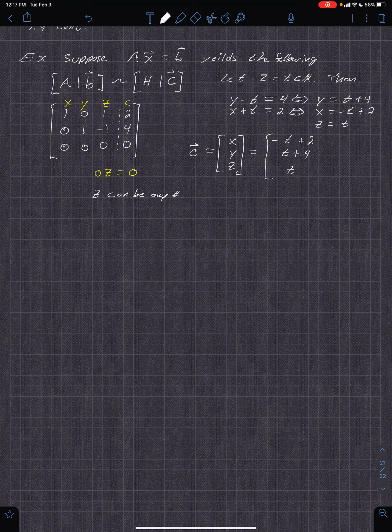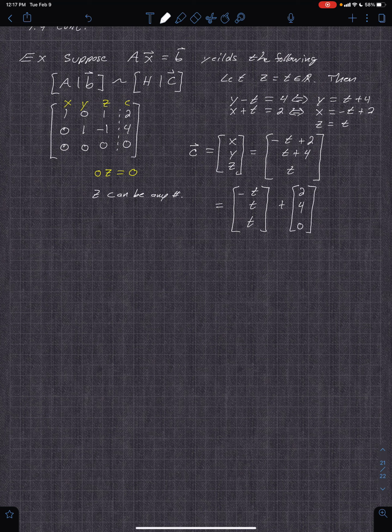And then we can basically break that up into a sum of two vectors. So that we can say is equal to negative t, t, and t. This will be a typical thing we do when we break this up. Plus, and then this is 2, 4, 0.